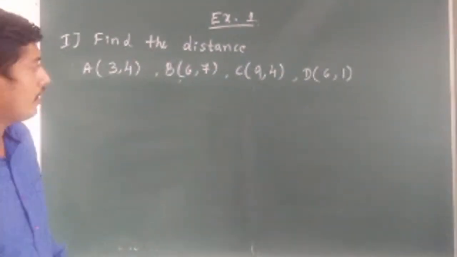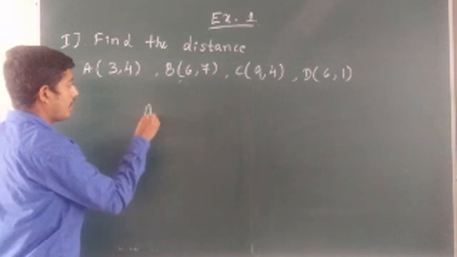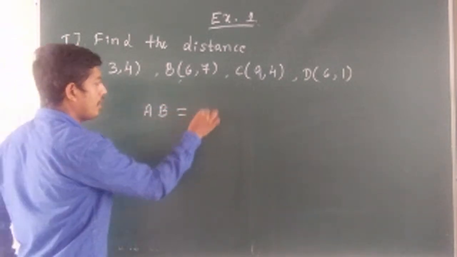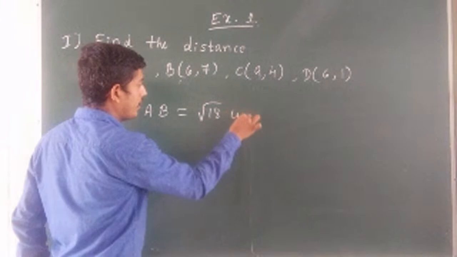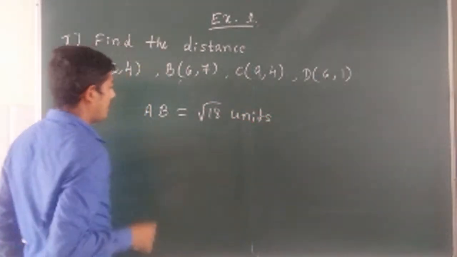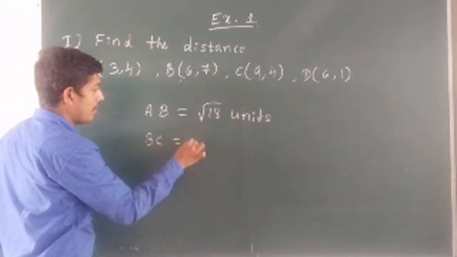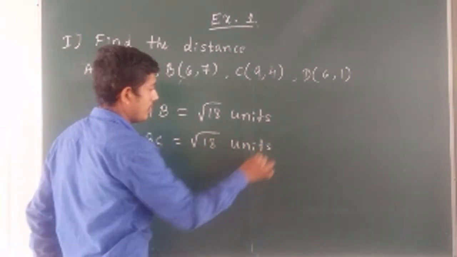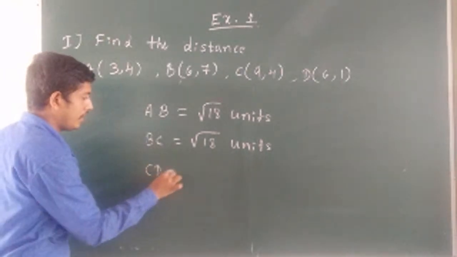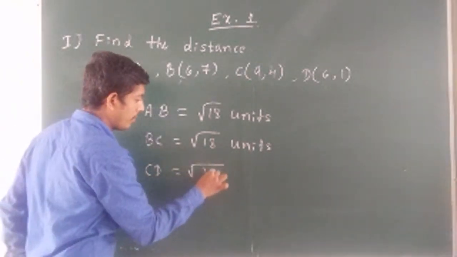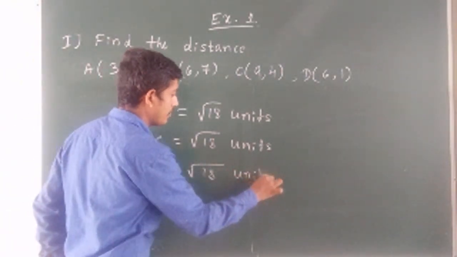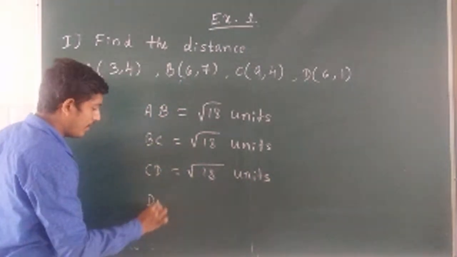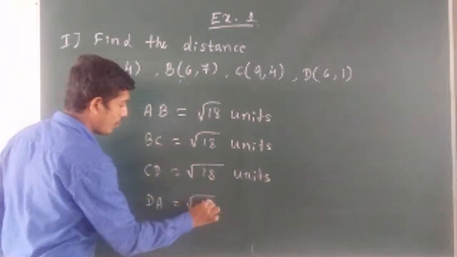So now, in this problem we got the distance between AB as square root of 18 units, BC as square root of 18 units, CD as square root of 18 units and DA as square root of 18 units.